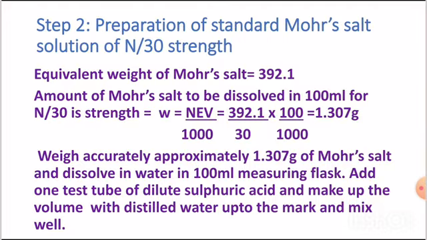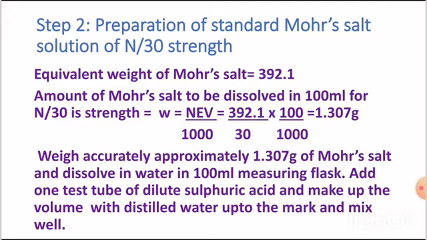Second step: preparation of standard Mohr salt solution of N/30 strength. We know that the equivalent weight of Mohr salt is 392.1. Amount of Mohr salt to be dissolved in 100 ml for N/30 strength: we use the formula W = NEV/1000, where N is normality, E is equivalent weight, and V is volume.